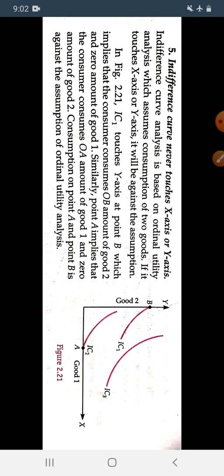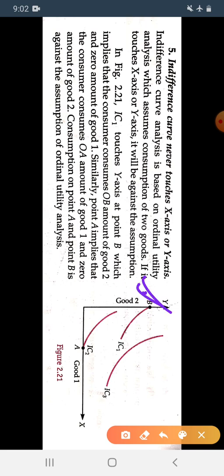In this diagram we see that IC1 touches the y-axis at point B, which implies that the consumer consumes OB amount of good 2 and 0 amount of good 1.